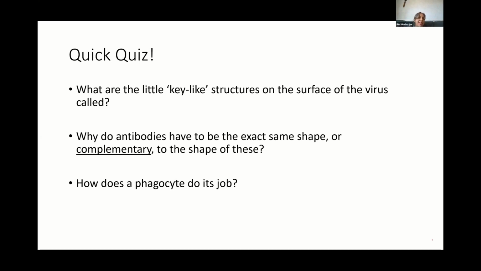Three main things. So I'll just give you a couple of moments to answer these questions, and then we're going to move on to the next part, which is the final part about vaccinations. Once again, you can either write these answers on a piece of paper or you can write them into the chat.